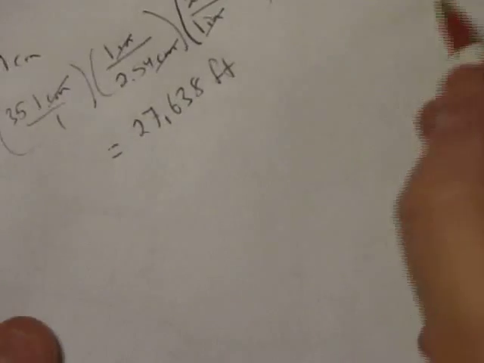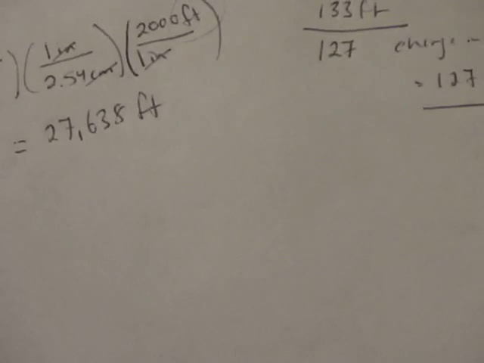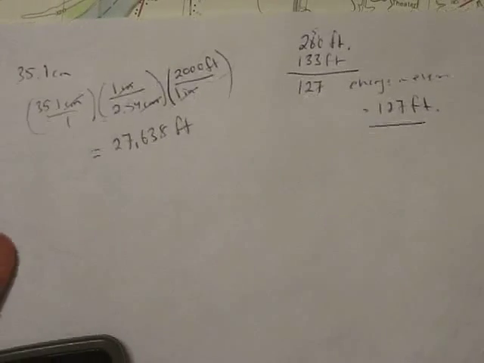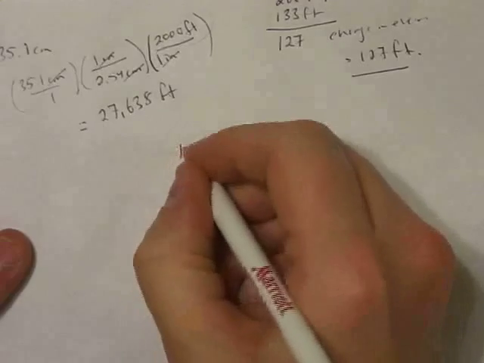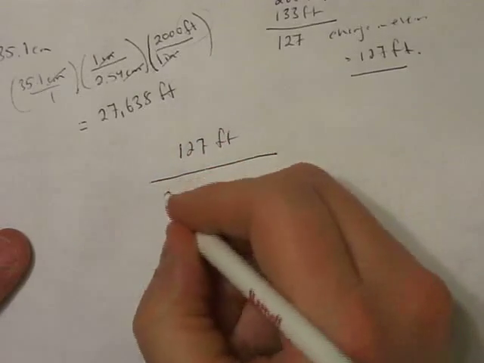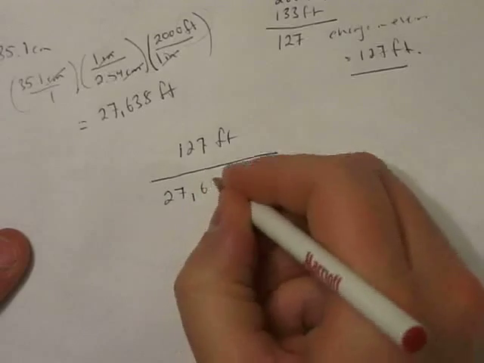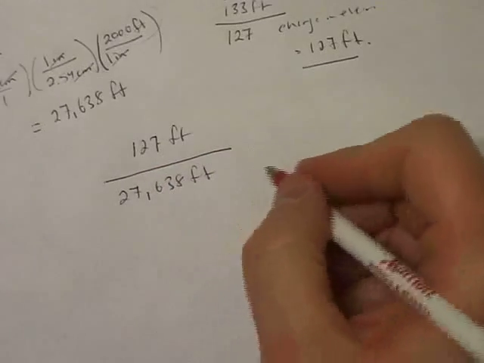Okay? So now to calculate our slope gradient, we take the change in elevation, which was 127 feet. We divide by the total distance, which is 27,638.